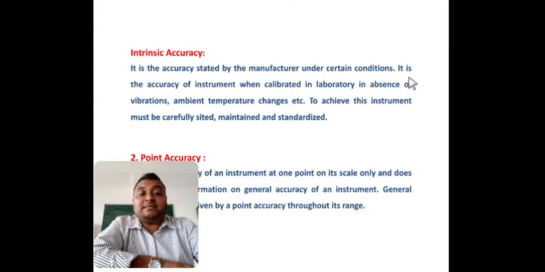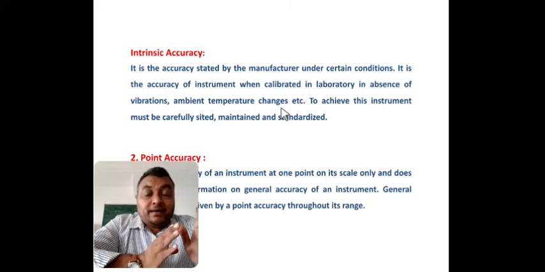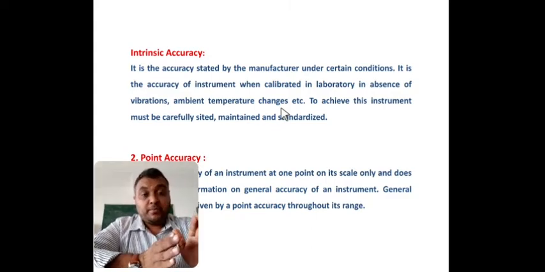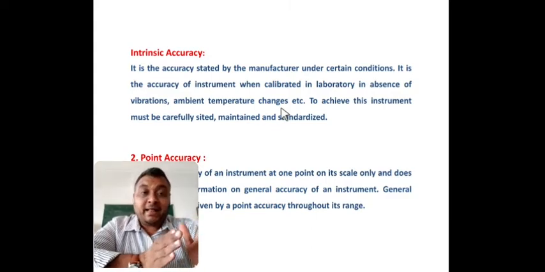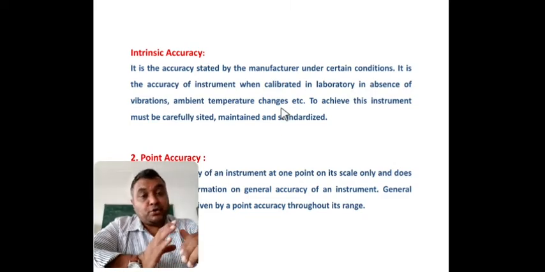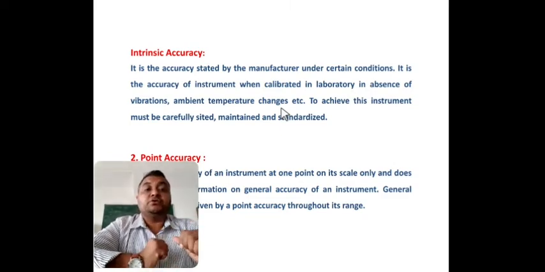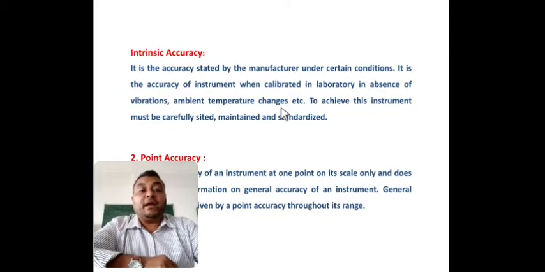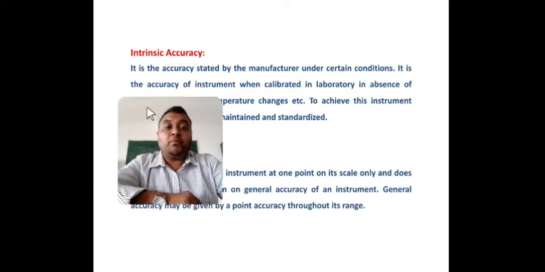And also it says that it is the accuracy of an instrument when calibrated in a laboratory in the absence of vibration, ambient temperature changes, etc. So standard conditions are provided in the laboratory, and then its accuracy is measured. Okay, so that is how you can achieve this; the instrument must be carefully sited, maintained and standardized. And another definition is the point accuracy.